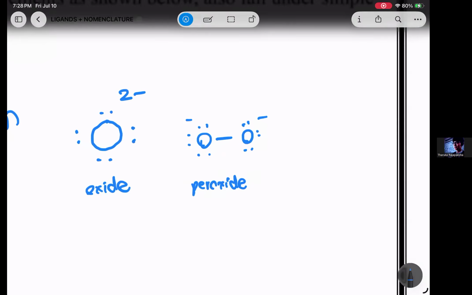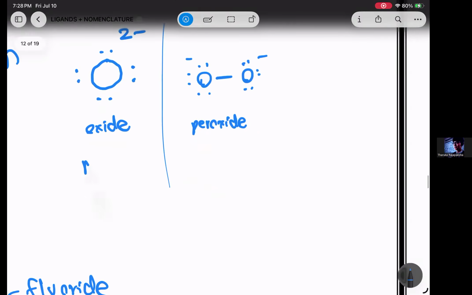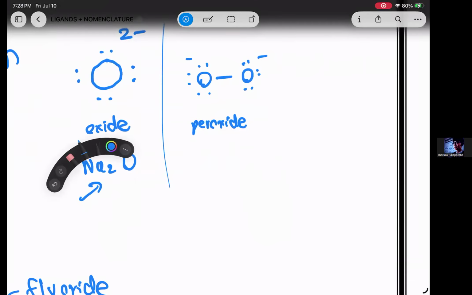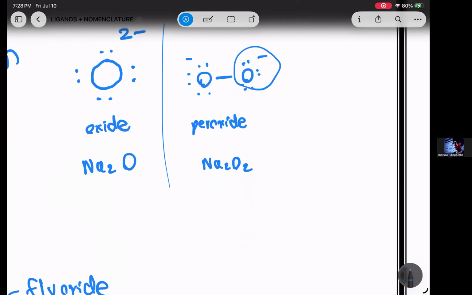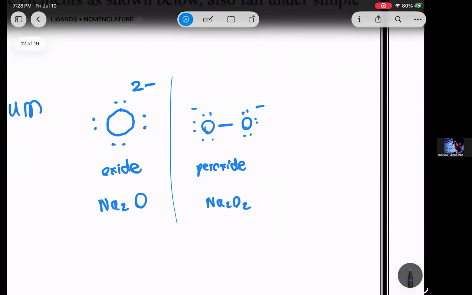For example, the oxide compound sodium oxide is Na2O. You need 2 sodiums to neutralize 1 oxide. For peroxide you have Na2O2, because one oxygen contains one negative charge and the other contains the other negative charge, so it's 2 minus overall, and you need 2 sodiums to neutralize it.